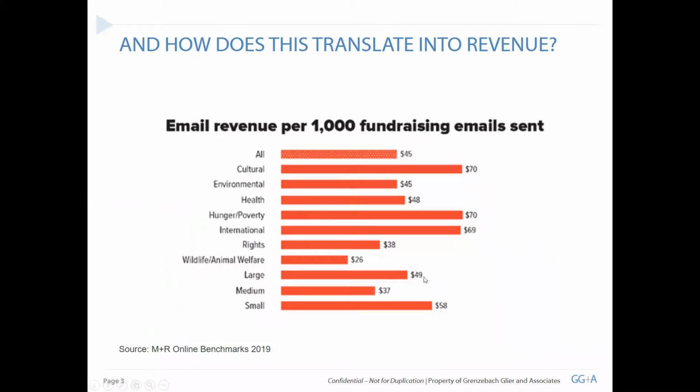You tend to do a bit better than large or medium-sized organizations. And also from what I've seen from my clients' results, higher educational institutions tend to do a lot better than this. They're up to about $100 or $200 per 1,000 fundraising emails sent.